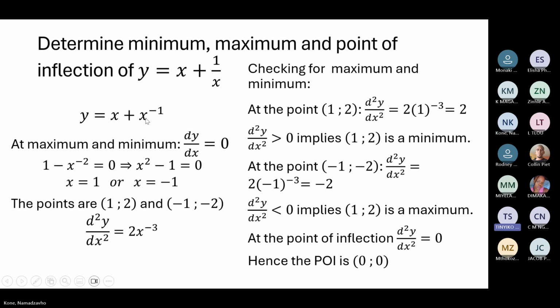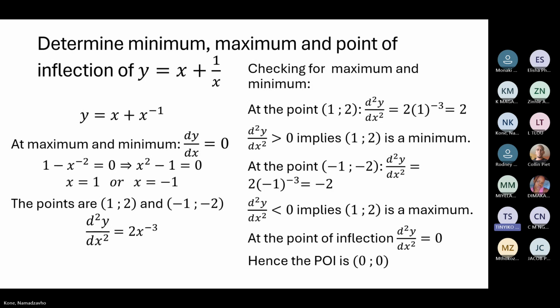From there, I can see that y is equal to x plus x to the exponent negative 1. You have derived it into 1 minus x to the exponent negative 2, which is fine. Then you have put it in order to say that x squared minus 1 is equal to 0. From there, I do understand how you determine your x equals 1 or x equals negative 1.